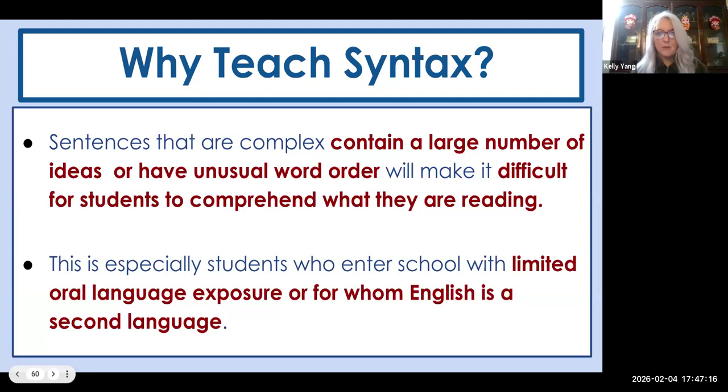This is especially important for students who enter school with limited oral language, because as they're reading, they're not grouping the phrases and the clauses together as a fluent native speaker would. So this really is very helpful.